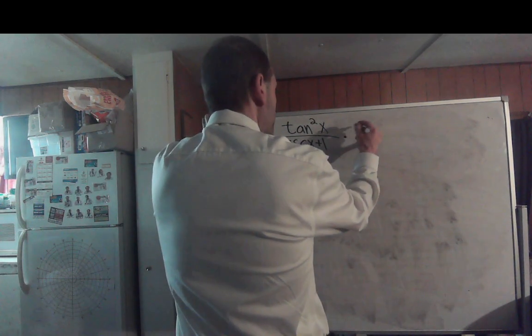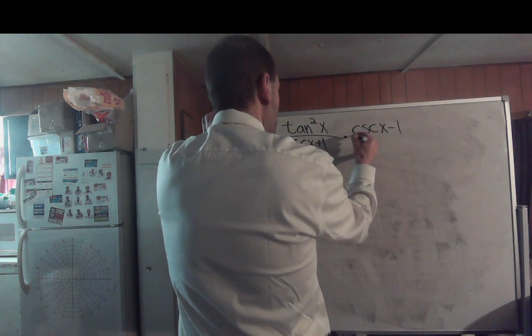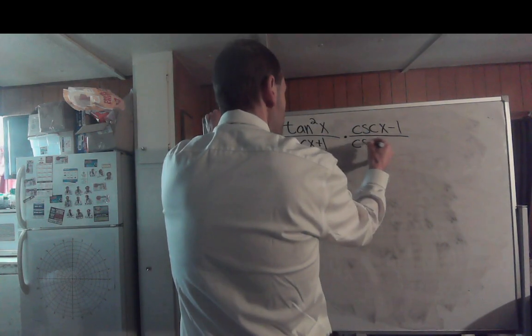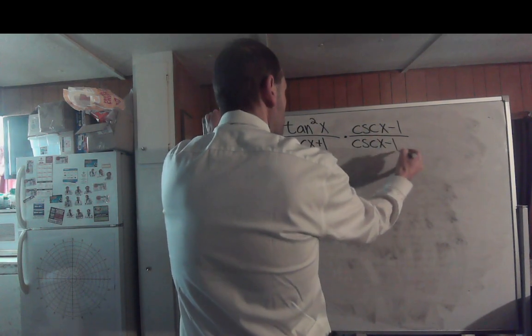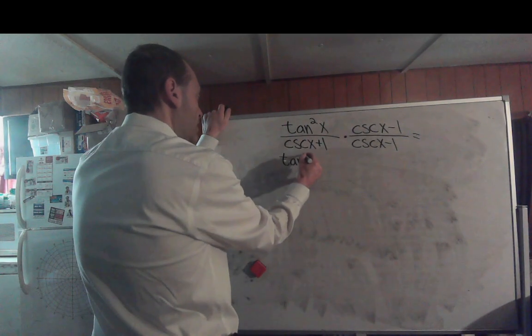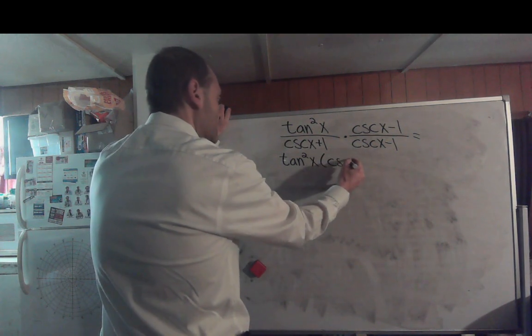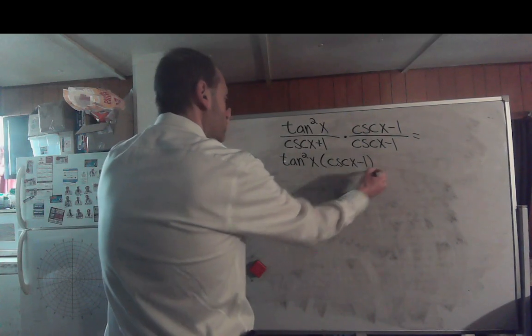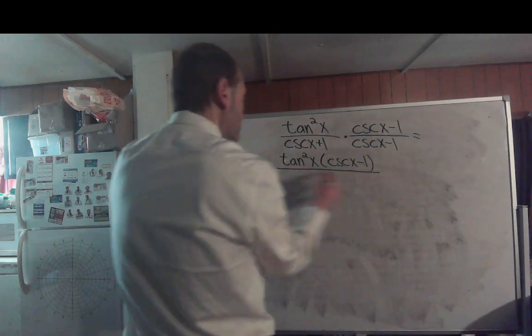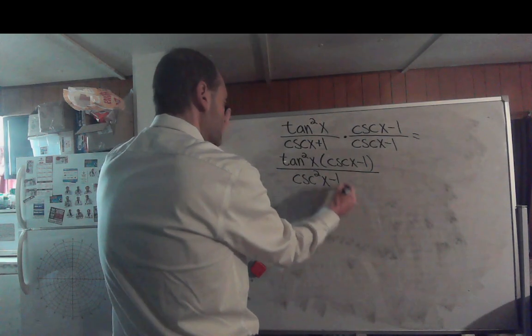So that would end up being the cosecant of x minus 1 all over the cosecant of x minus 1. So now you'll have the tangent squared of x times the cosecant of x minus 1 all over the cosecant squared of x minus 1.